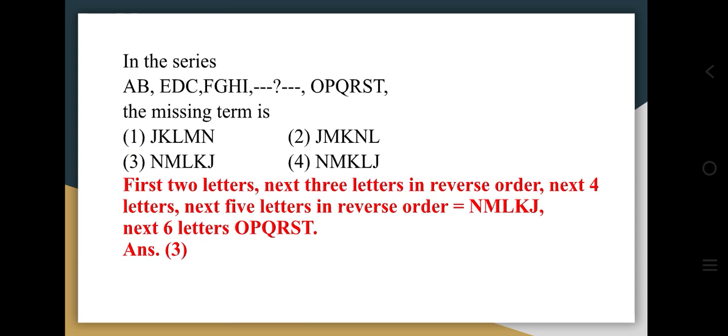So N, M, L, K, J is the missing term. Of course, we can verify the next term, the last term given in the series has 6 letters after N. So the answer is 3.